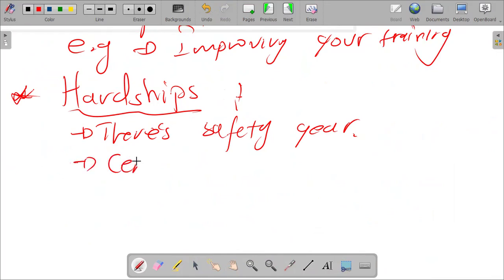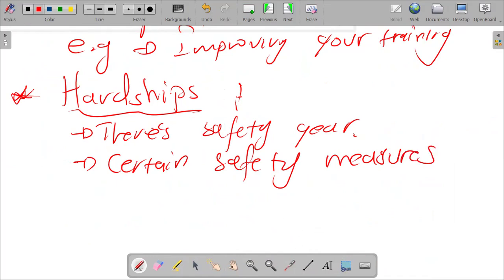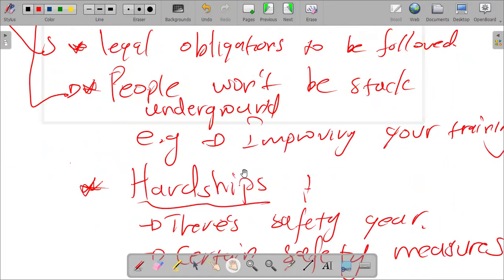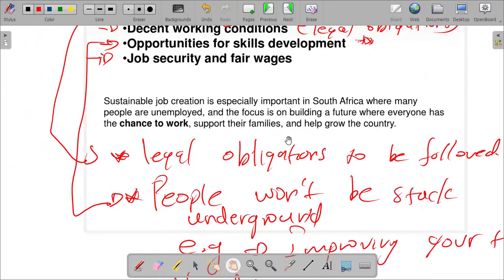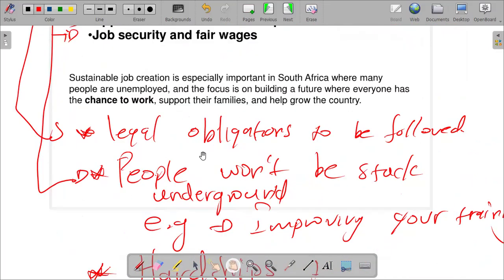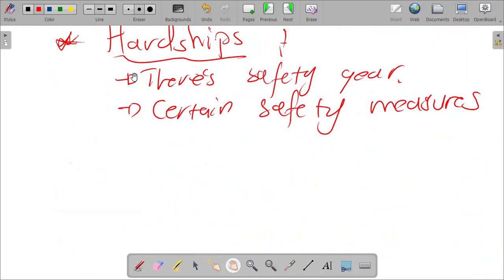There are certain safety measurements that are put into place so that they can ensure that the employees are not suffering or facing any damage, or however the business may protect their own employees. And then it says here, job security and fair wages.